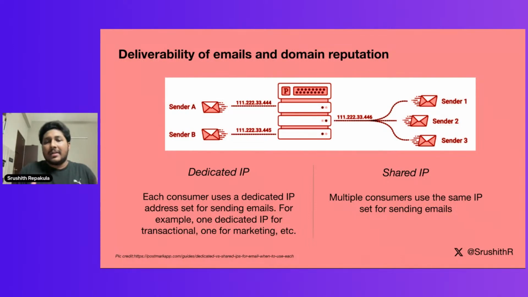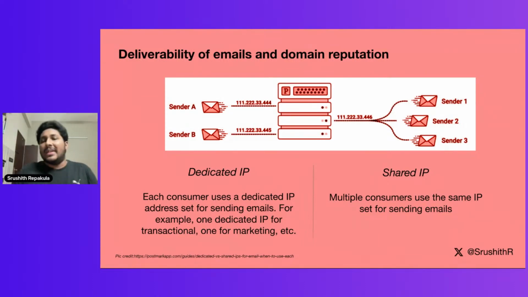As you can see here in the diagram and the explanation, a shared IP, which is the default setting everywhere, means that multiple consumers of the particular product share the same IP address. Let's say you and I are using SES, the emailing service on AWS, and the default setting is a shared IP. So our region might share the same IP address for the emails that you send and for the emails that I send.